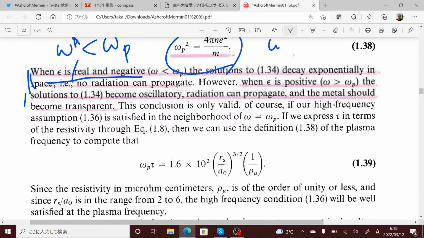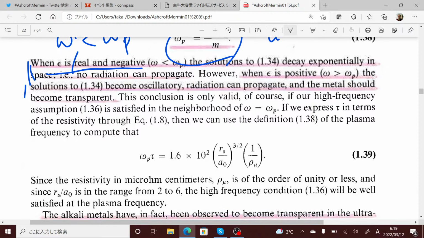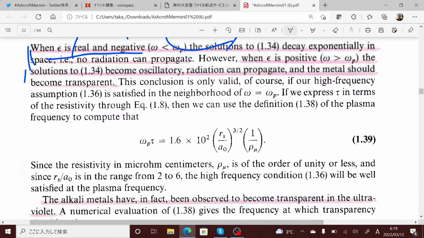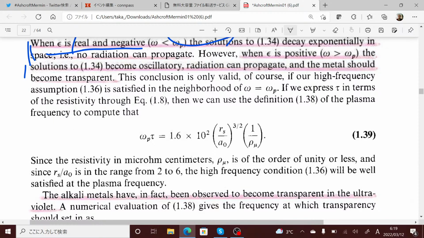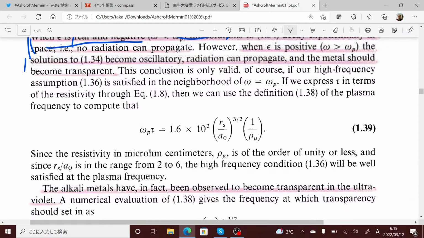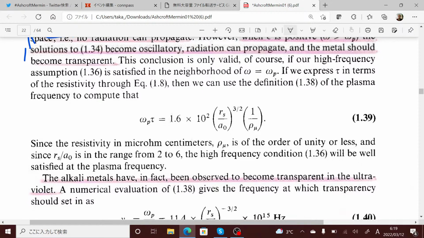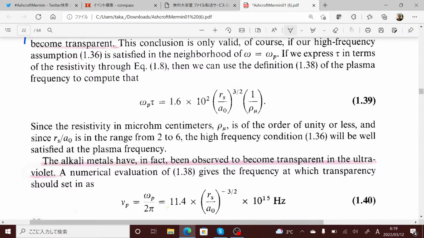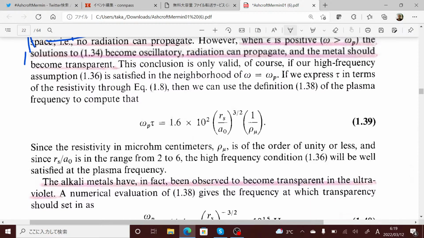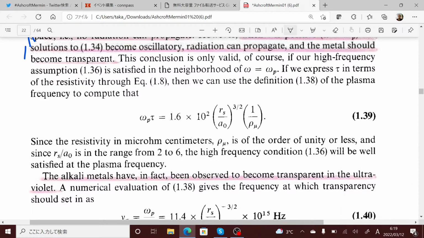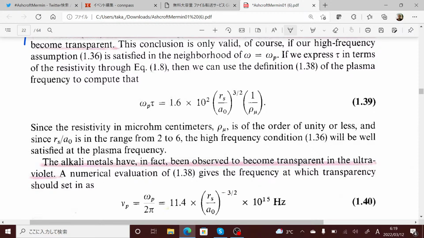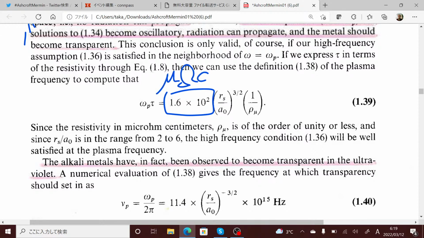If we express tau in terms of the resistivity through equation 1.8, then we can use the definition 1.38 of the plasma frequency to compute that omega p tau equals 1.6 times 10 to the 2, divided by the resistivity in micro ohm centimeter.